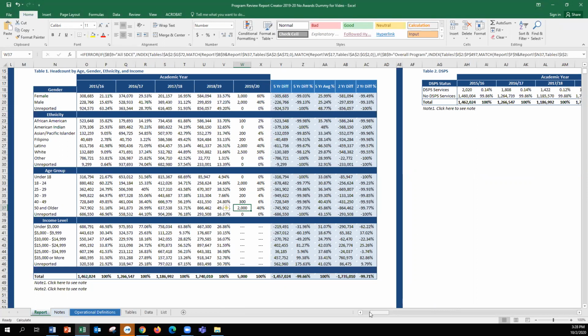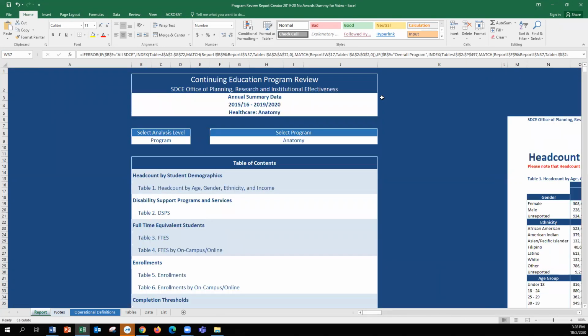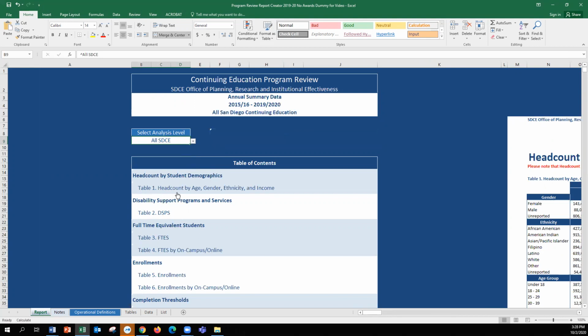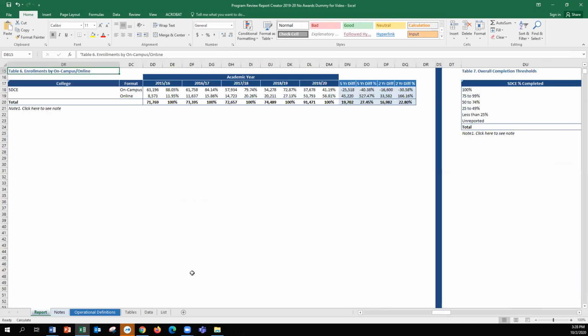Just to make sure that this is something that's happening all over, and not only for programs, Steve looked at all SDCE and then went back to enrollments by on-campus and online, and realized that yes, online classes are going to be a new trend, and the foreseeable future is going to have a lot of online classes. So it's definitely worth the while focusing on trying to help people who are struggling with the online tools for this new type of class environment.